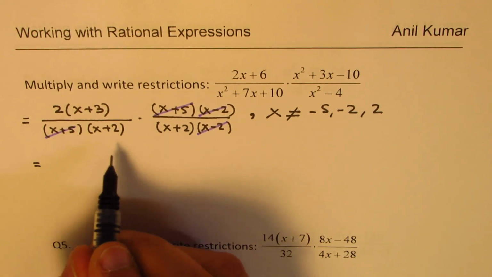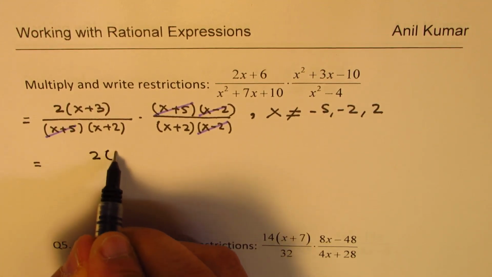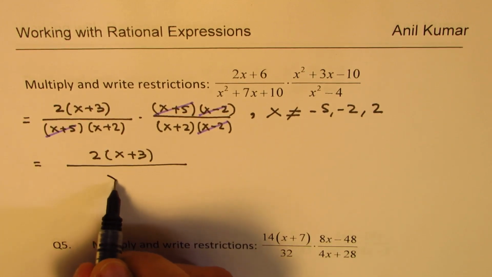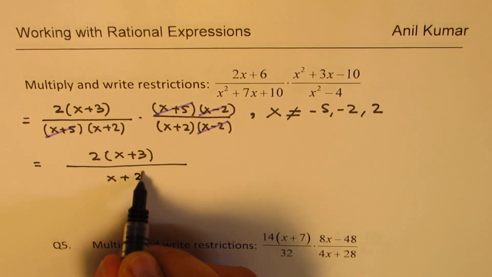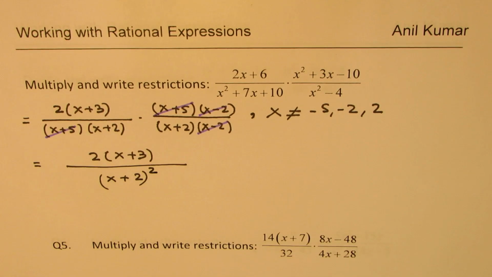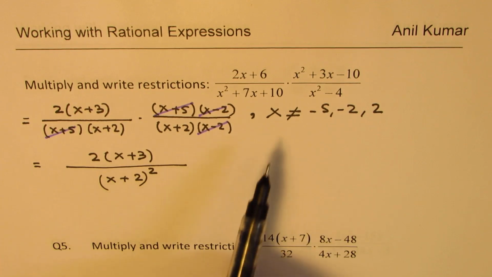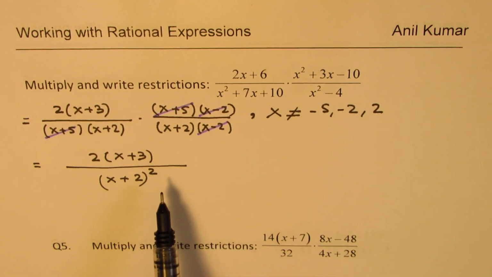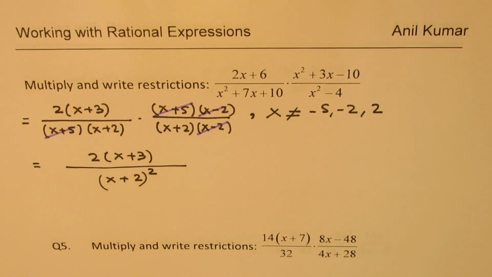So what we get in the numerator is 2 times (x + 3), and in the denominator we get (x + 2) times (x + 2), which I could write as (x + 2) whole squared. Is that clear to you? So that is our answer. We have already stated our restrictions once, that is enough. We need not write them everywhere, right? So that is how we will do it.